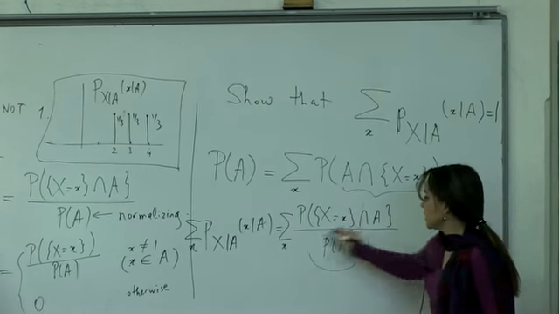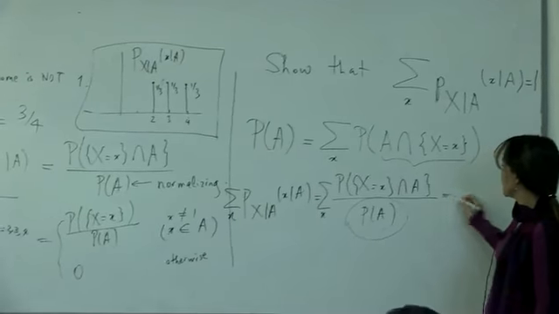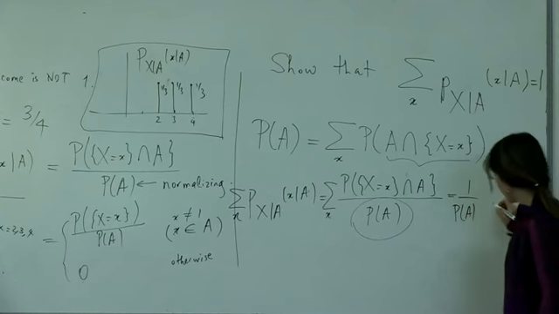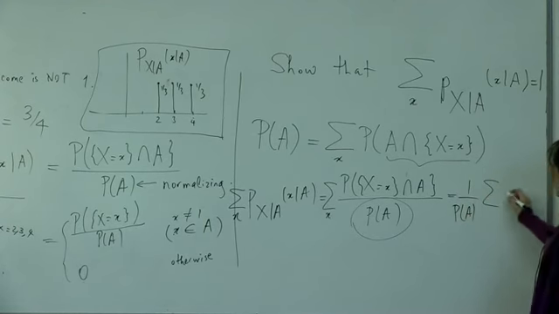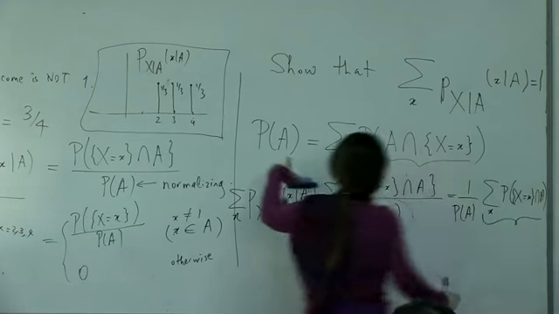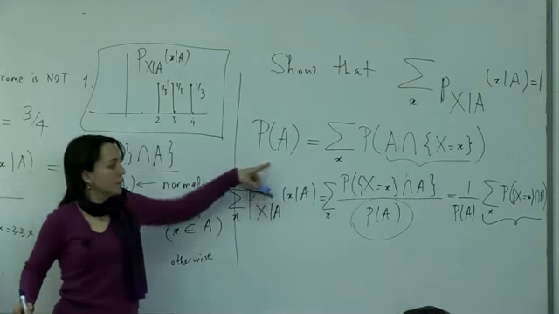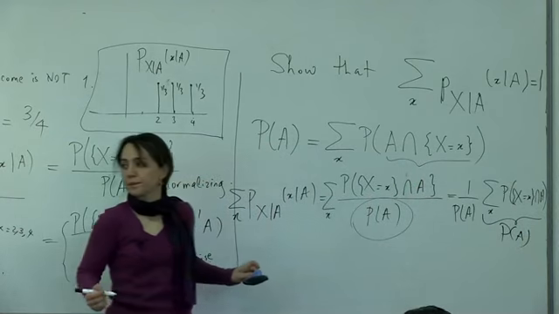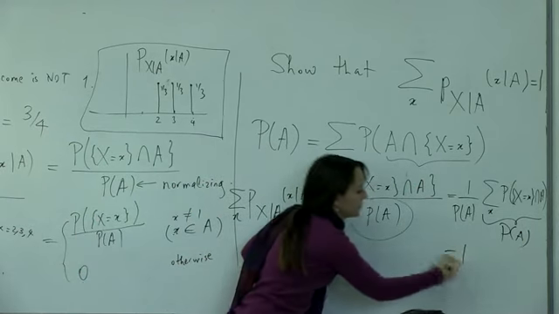P of A is a constant. It comes out of the summation. So we have 1 over P of A times the summation of P of X equals x and A, over all x. But what is this expression? It's nothing but P of A. So this is P of A divided by P of A, which is 1.